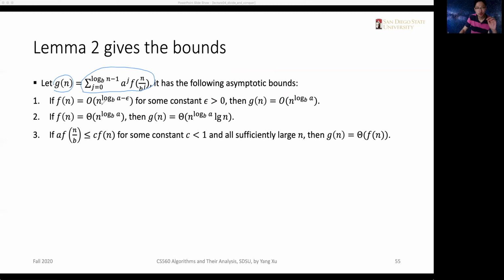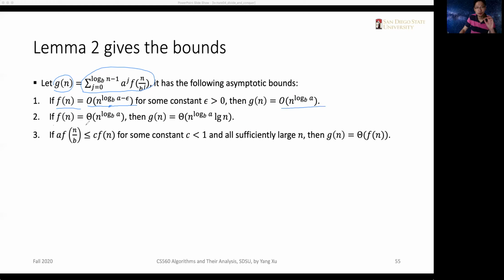Lemma 2 says that if f has an upper bound in this form, n to the power of log base b of a minus some epsilon, then the whole thing is determined by the polynomial function.